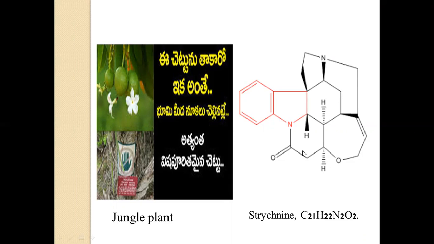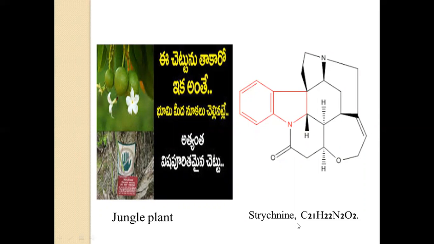And coming to the oxygens, the carbon is attached to oxygen. This is the keto group. One oxygen is in the form of ketone and another oxygen is in the form of ether. So the oxygen is flanked by 2 carbons on both sides. The other carbon is in the ether linkage of a 7-membered ring.